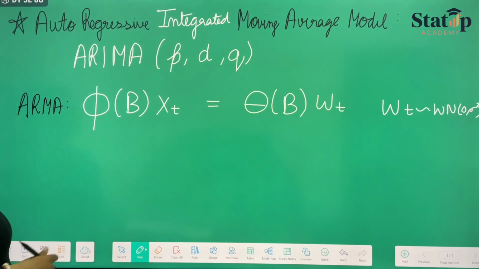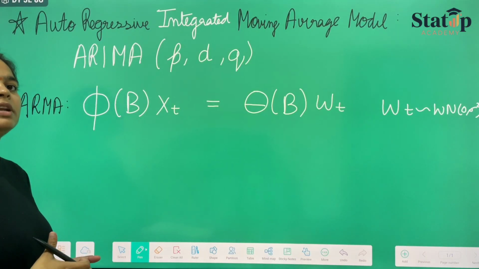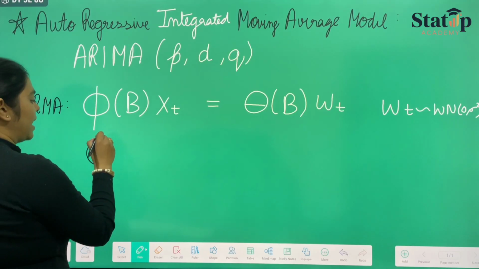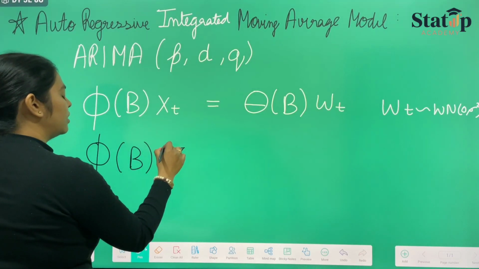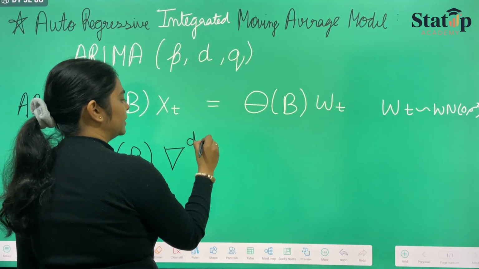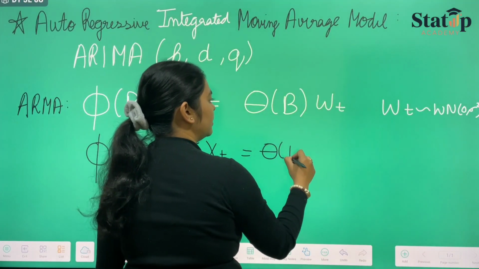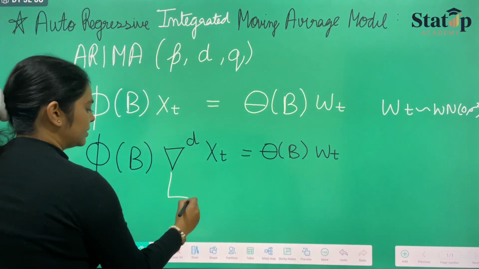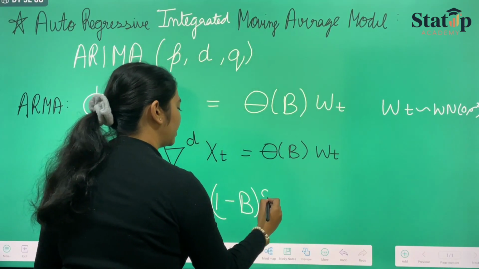The ARIMA model is the integrated form, or when we do first difference, we get the ARIMA model. So for that, we just add one more thing here, which is delta raised to the power d, xt equals theta(B) wt, and this delta is nothing but 1 minus B, the back shift, raised to the power d.